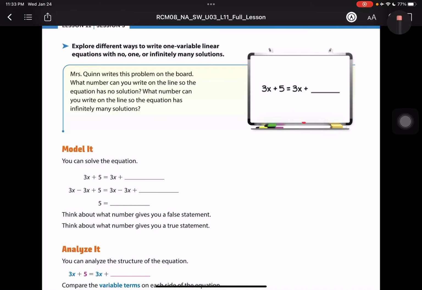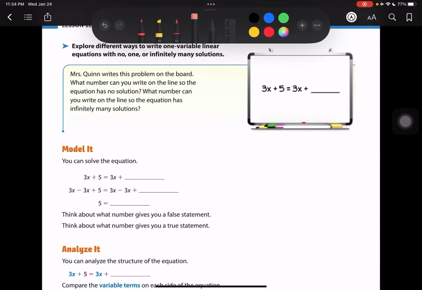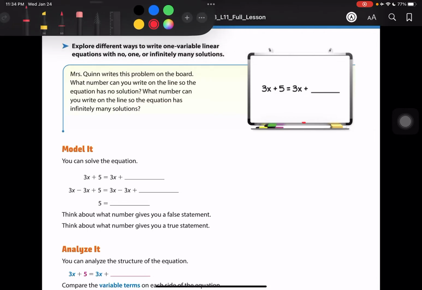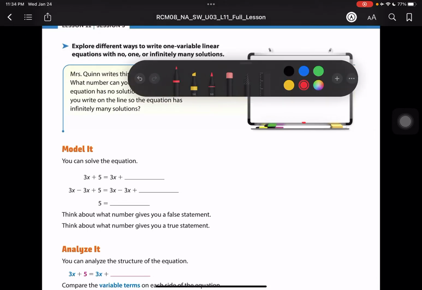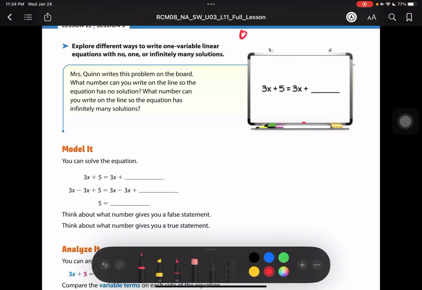We are continuing our lesson on no solutions, one solution, or infinitely many solutions, which is standard 8.EE.C.7.